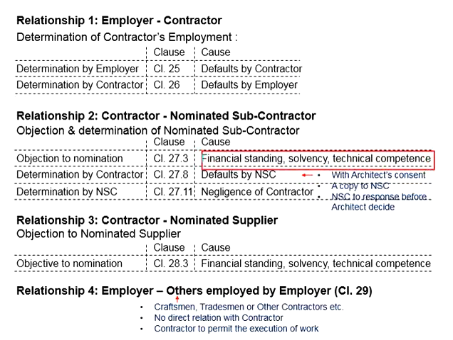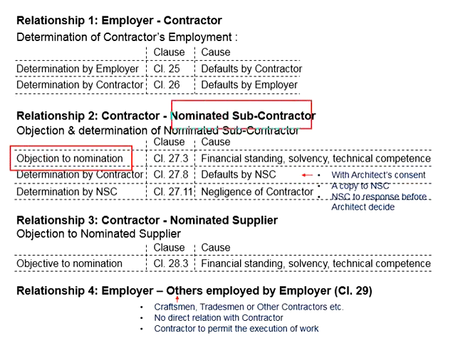This will have to be based on documented evidence. It shouldn't be any accusations. The relevant clause regarding the objections to the nominations of this nominated subcontractor is clause 27.3.